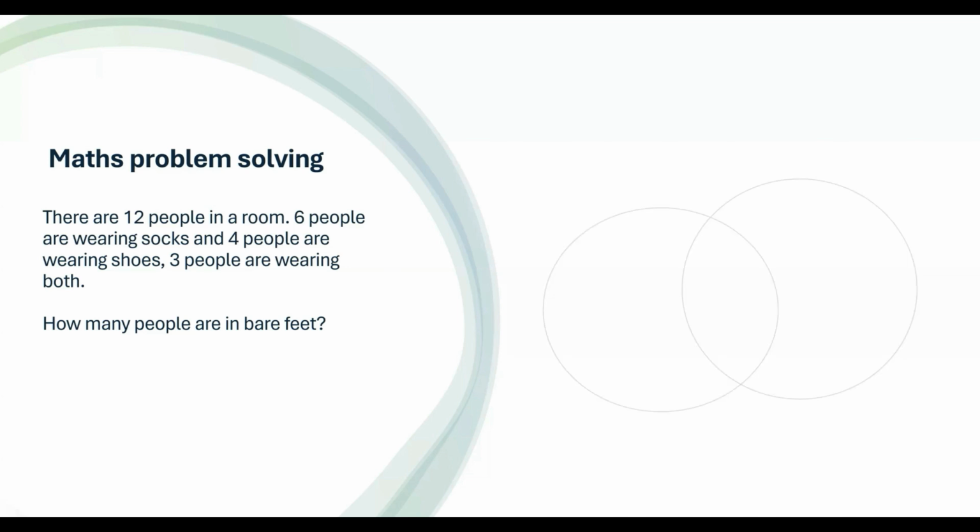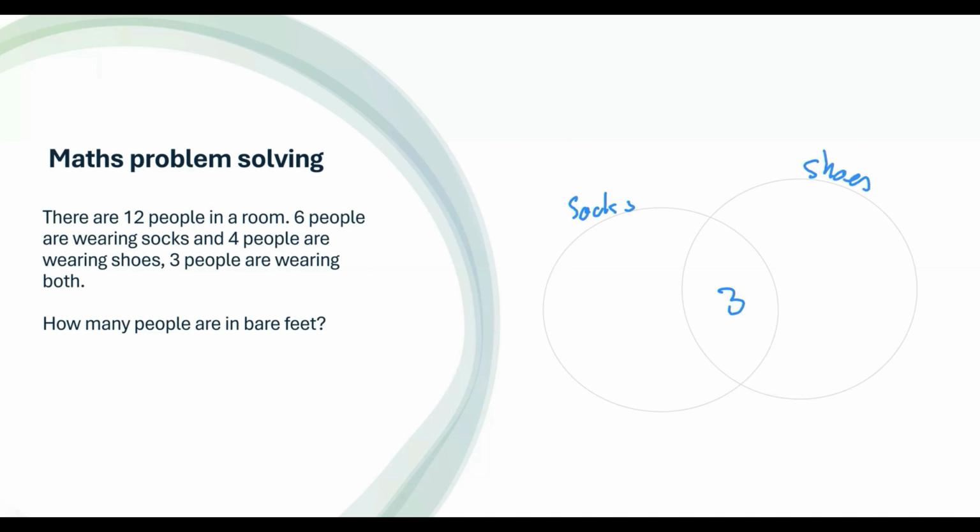So we have 12 in a room, 6 wearing socks, 4 wearing shoes, 3 wearing boots. It's important you put the 3 wearing boots, and we have socks, label the set properly, and shoes.